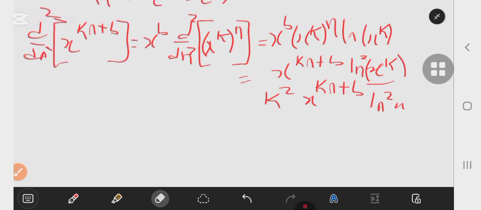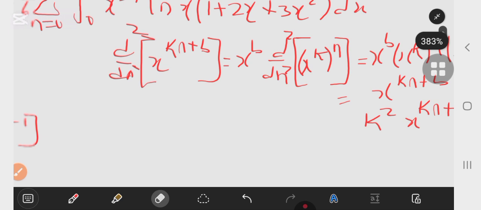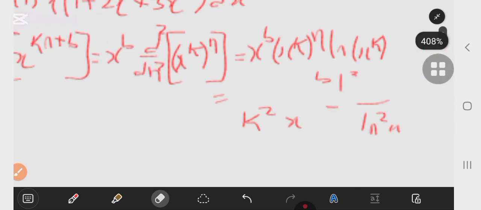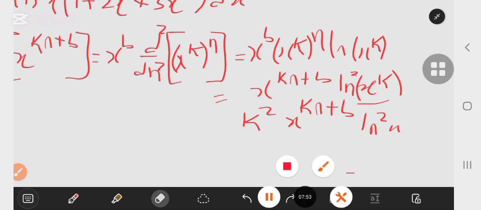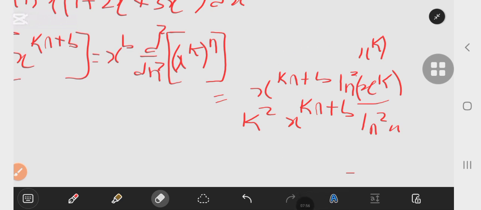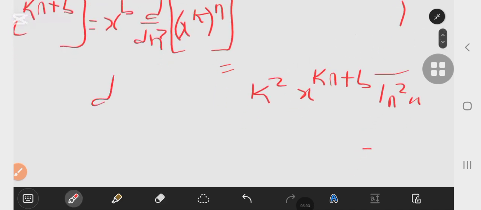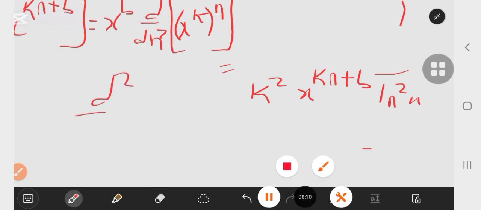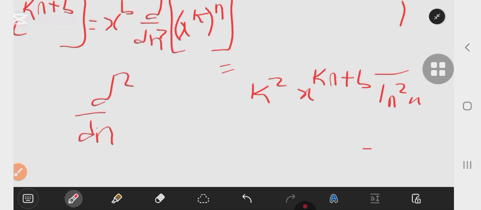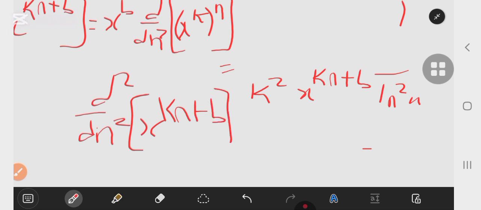So from here we now know that the second derivative with respect to n of x to the power of kn plus b is equal to this.